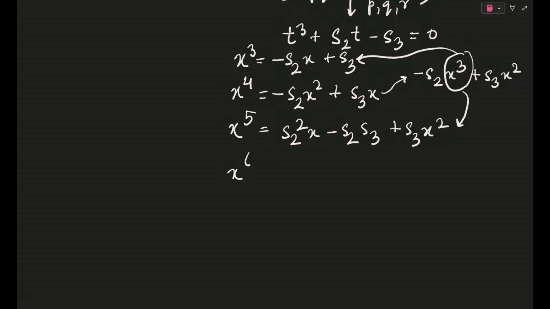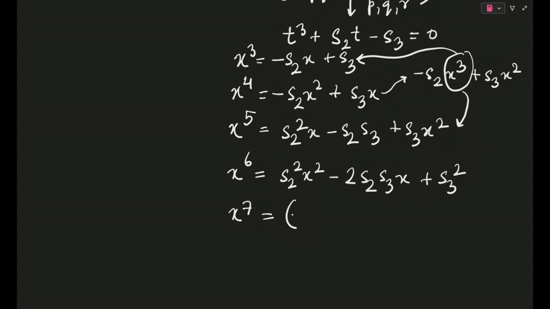So next you go to x power 6, this thing will become S2 square x square minus 2 S2 S3 x plus S3 square, and next one will become x power 7 is equal to minus S2 cube plus S3 square, S2 cube and S3 square, pretty symmetric anyways, times x.